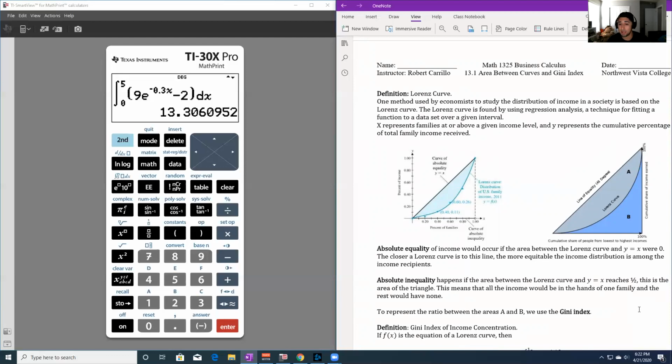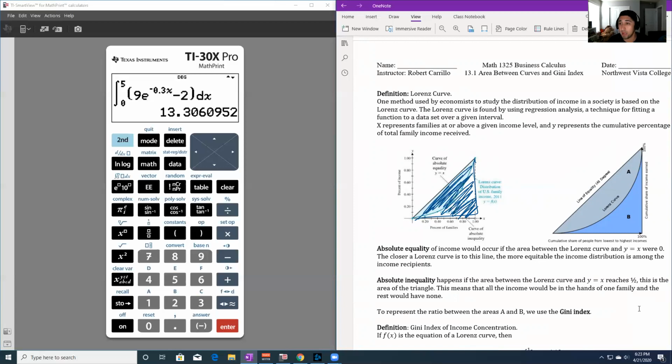But let's say that the actual triangle fills up. If the Lorenz curve fills out the whole triangle, if it reaches 1/2, that's the whole area of the triangle. This means that income would be in the hands of one family and the rest would have none.